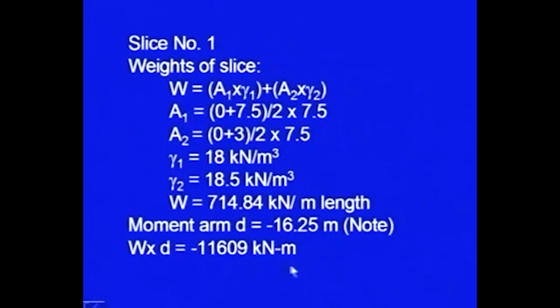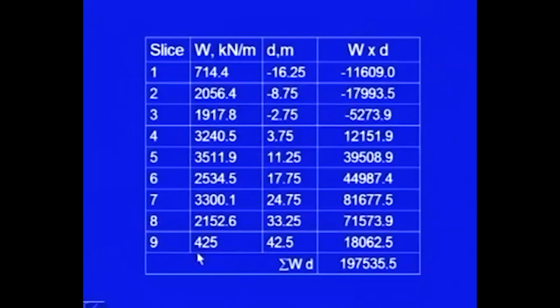So, W into d, this is the moment. So, I do this calculation for all the slices. Slice number 1 is having negative d value, slice number 2 is having negative, slice number 3 is having negative, then slice number 4 is having positive.